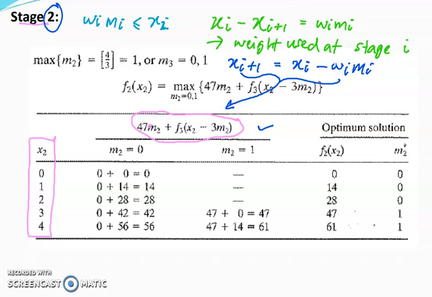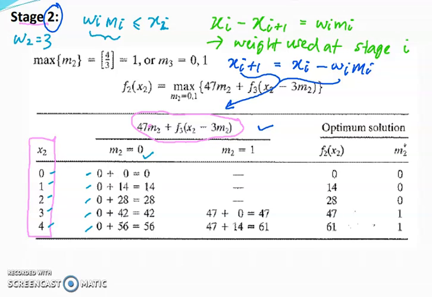So in this case, stage 2 is for item number 2 and the weight for item number 2 is 3. So first you have to find the value of this combination, that means 3 times 0. So 3 times 0 is 0. So for 0, 0 is less than all these values, so we have a feasible solution for all of these. No problem.